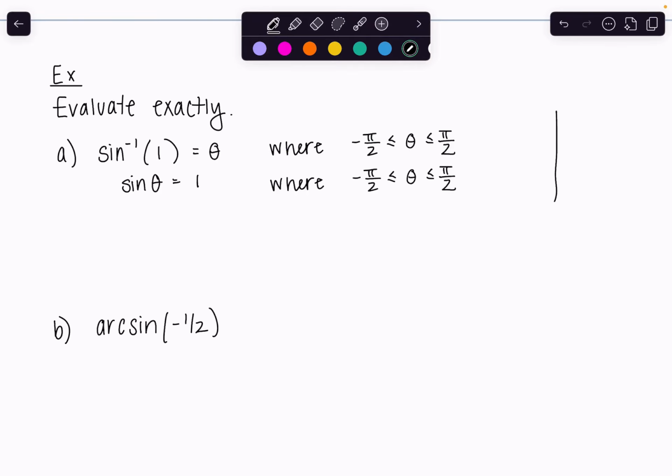So if you think about your unit circle, here you were just looking at the right half of the unit circle. This is positive pi over 2 here. This is negative pi over 2 down here. So to have sine of theta equal 1, we are going to be right up here. So our theta value is pi over 2. So sine inverse of 1 outputs the angle pi over 2.